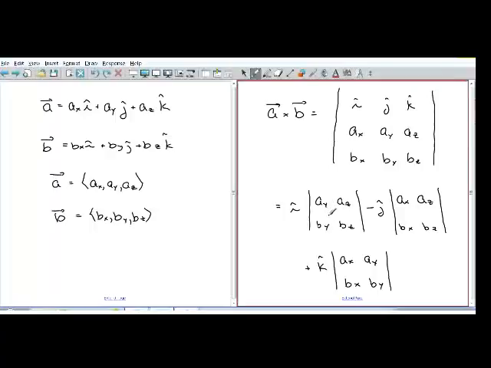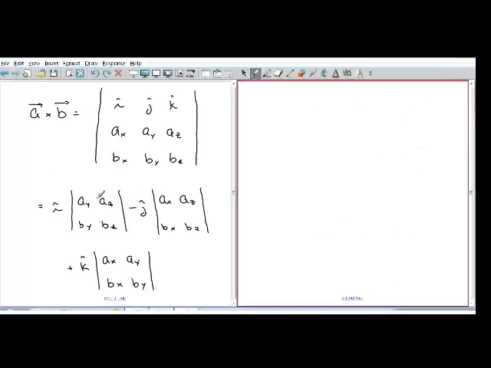Now all these A's and B's are numbers. So you're going to get a numerical value out of these calculations, and then you multiply them by the unit vector, which ultimately gives you a vector. If you remember, to do these determinants you take this times that and then subtract this times that. So you'll have A sub y times B sub z minus A sub z times B sub y.